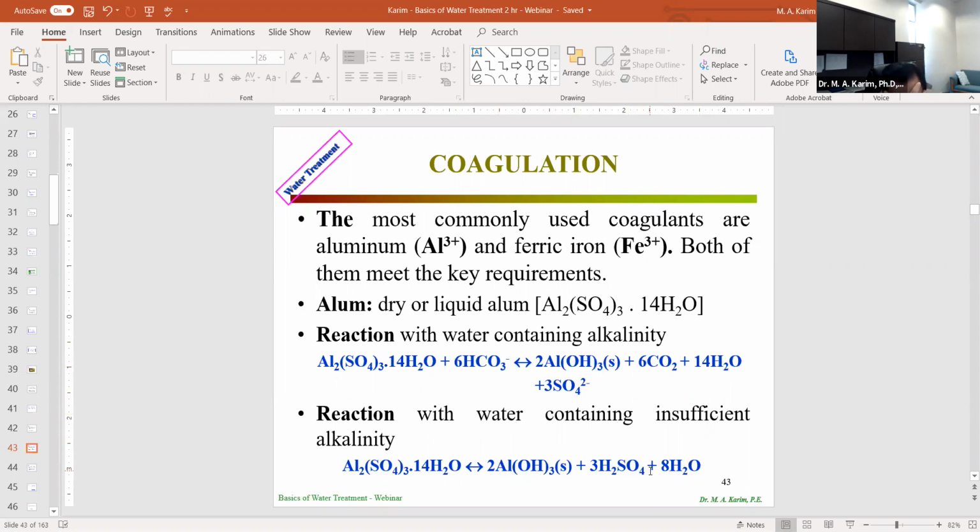If the pH goes down, what is going to happen? We may need to do something else to bring the pH up. So that's why alkalinity is very important in water treatment, especially if we need to do flocculation for the purpose of removing the smaller particles. That's the importance of alkalinity that I mentioned before.